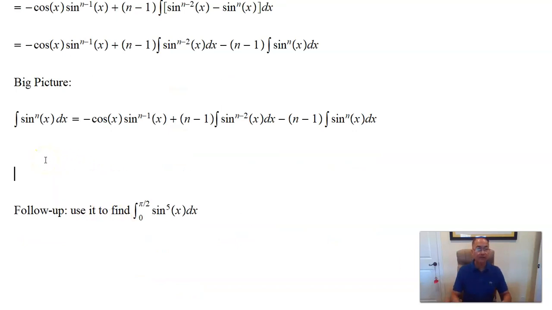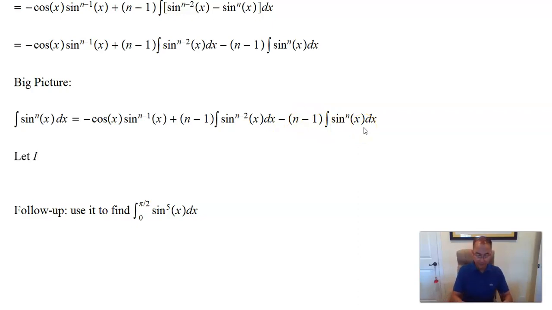The integral that we're looking for is all of this minus n minus 1 times the original integral that we are looking for. Exactly what happened to our last example. So let's call this integral I, and this is also I. We have minus n minus 1 I over here.